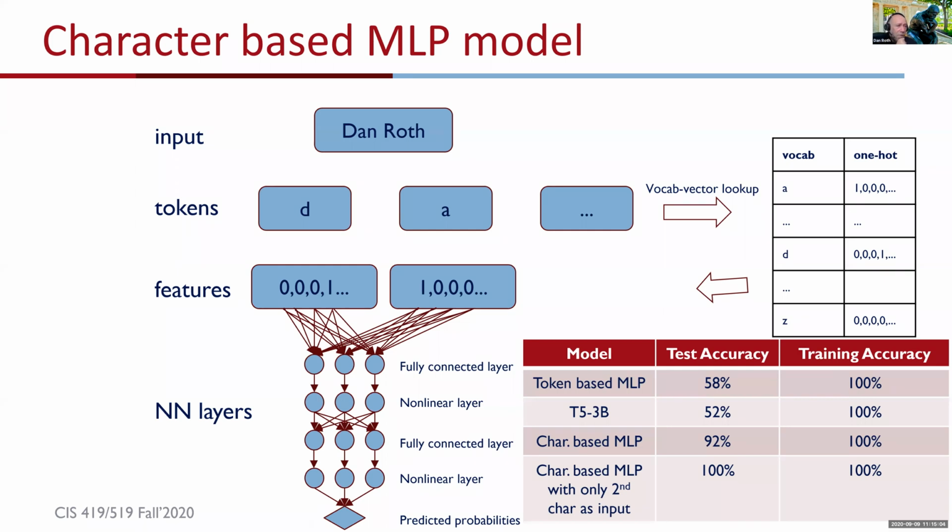So the lesson is that, or at least one of the lessons is, the model is not that important here. What really important is the representation. And even with a pretty good representation, the third row here, the character-based MLP, we didn't get it completely right as expected. So that shows us, or first lesson in showing us, the importance of representation.